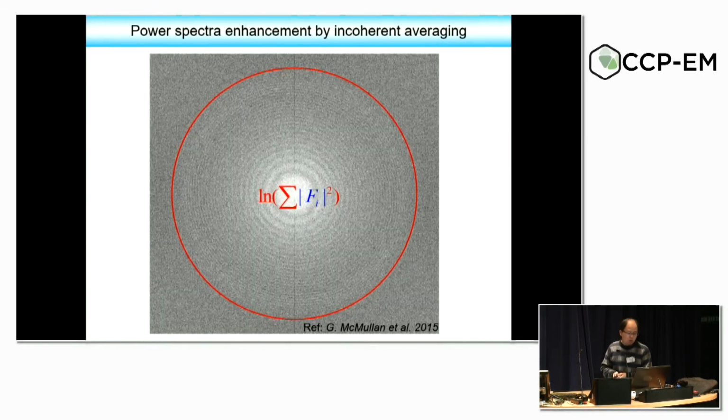If you do the averaging called incoherent averaging, you get much better tolerance. This was already described several years ago by Greg and Richard. You can see that you significantly improve the power spectrum.